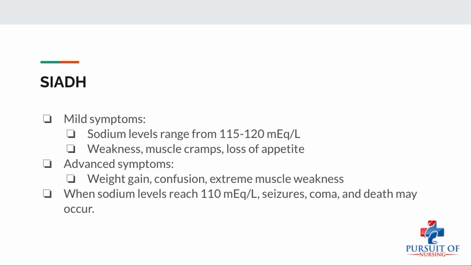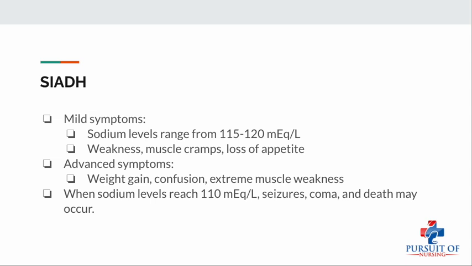Now, SIADH is whenever tumors produce or secrete substances that mimic the action of an antidiuretic hormone. So mild symptoms are going to include lower sodium levels of 115 to 120, maybe some weakness or muscle cramps.